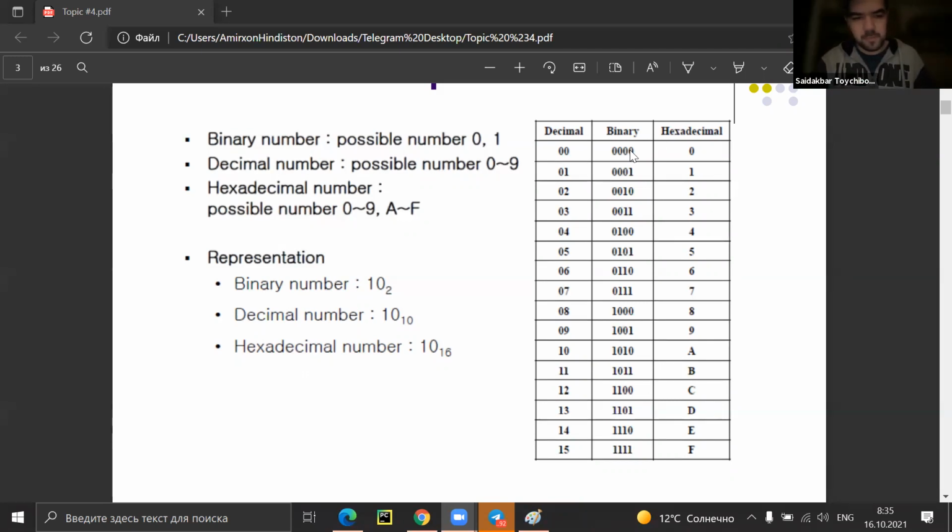Like this? Yes, not to decimal, to hexadecimal.